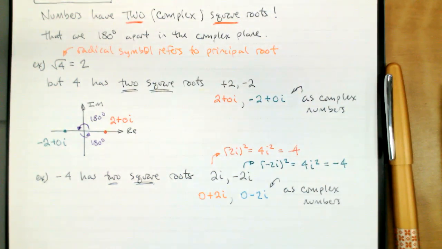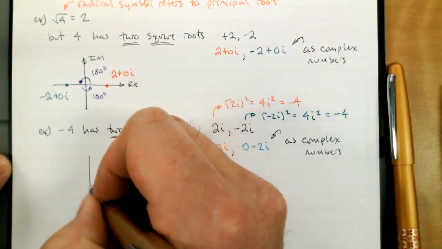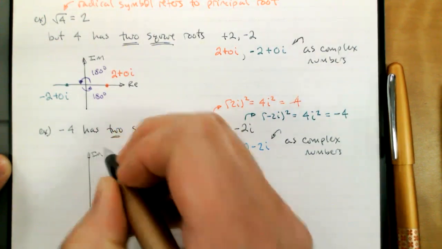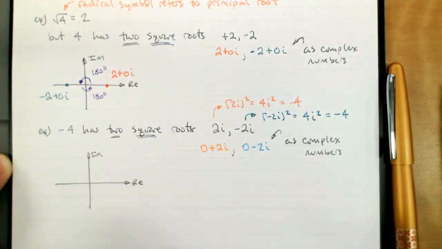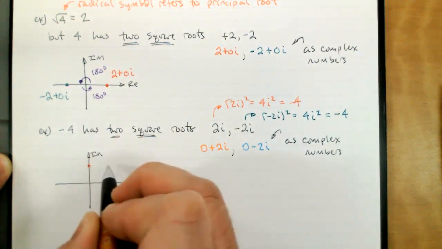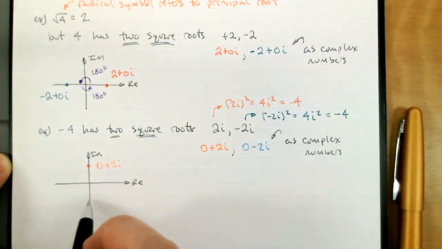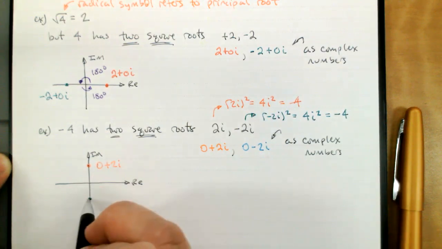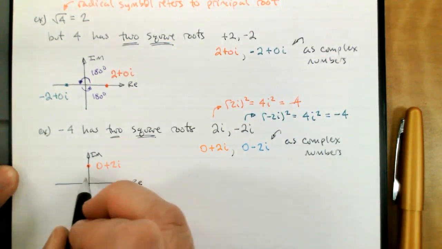If we plot these two square roots of negative 4 on the complex plane, they will be 180 degrees apart. So if I go 0 on the real and 2 on the imaginary, I'll be at 0 plus 2i. And if I go 0 on the real and minus 2 on the imaginary, we'll be at 0 minus 2i. And they are both 180 degrees apart.